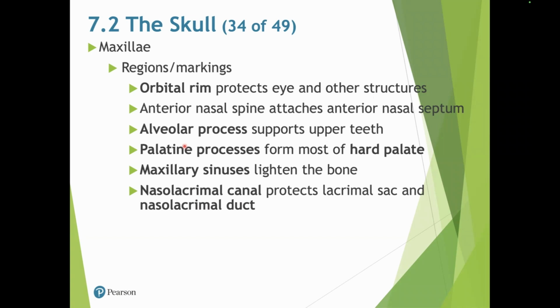Your palatine process is going to form most of the hard palate. I had given this away when we were looking at the big picture of the bones. The maxillary sinuses are going to lighten the bone, that way that facial bone isn't so heavy. The nasolacrimal canal is going to protect the lacrimal sac and the nasolacrimal duct.